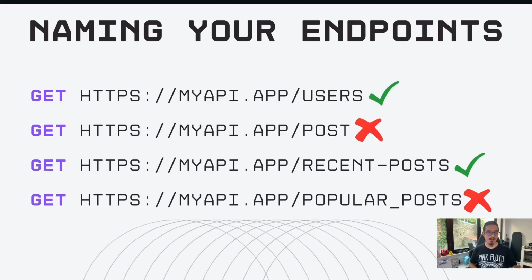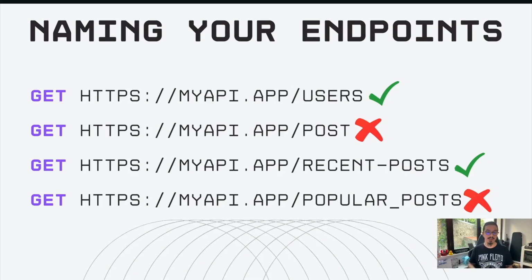That's HTTPS, myapi.app, and then we have the endpoint, the route for your resource. The first one, we have users in the plural form. And the second one, we have post. So you see that post is not in the plural form as users. And here is already an issue, because you are not following a standard for naming your endpoints.